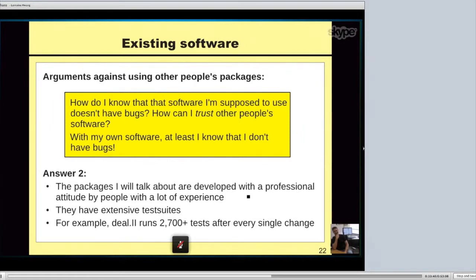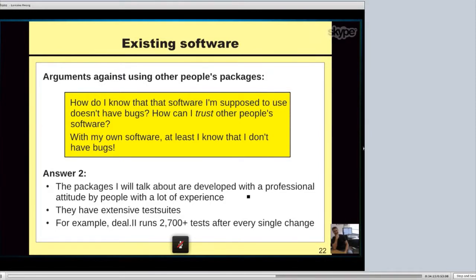What I want to say with this is that, of course, trust must be earned. There's no question about it. But the packages that we're talking about here have very professional approaches to ensuring that there are as few bugs as possible in their software. What you will find if you use them is that you do occasionally find something that doesn't work, or that produces a segmentation fault, but it is very, very rare.